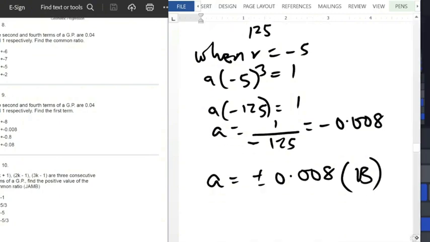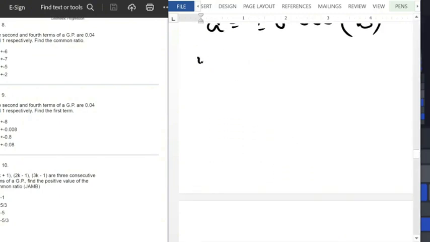Then the last part, number 10. So question 10 says, if k plus 1, 2k minus 1 and 3k minus 1 are three consecutive terms of the GP, find the possible positive value of the common ratio. Since these are three consecutive terms, this is the first, second, and third, now we are going to look for their common ratio.